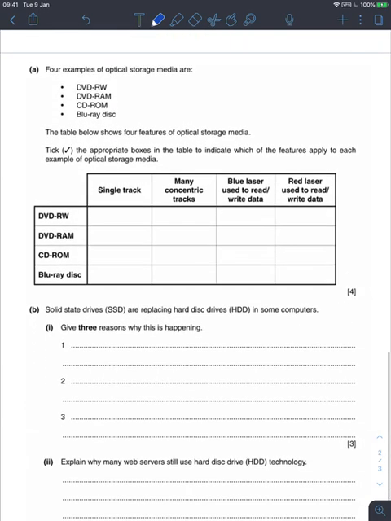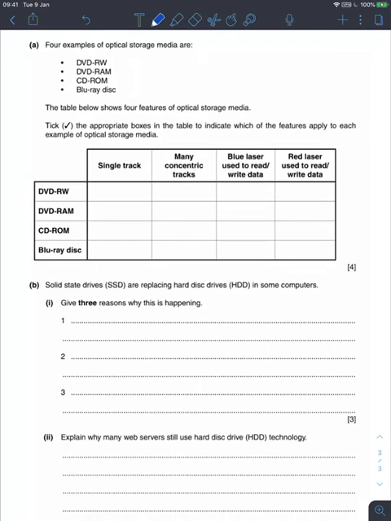The final question we'll look at is 4 examples of optical storage media: DVD rewrite, DVD RAM, which we just talked about, CD-ROM, read-only, and Blu-ray disc. The table below shows 4 features of optical storage media. You've got to put a tick to indicate which features apply.